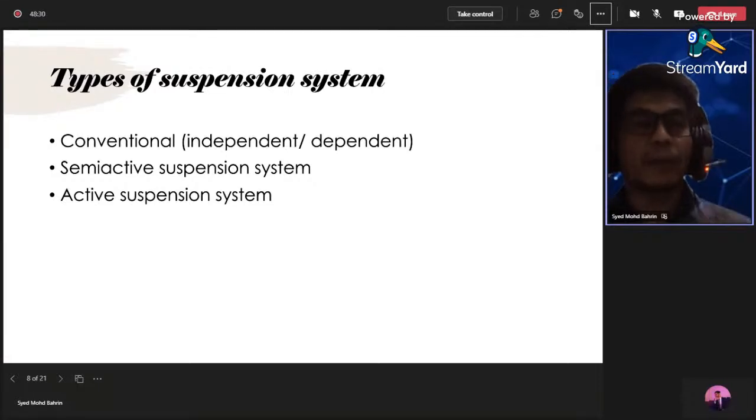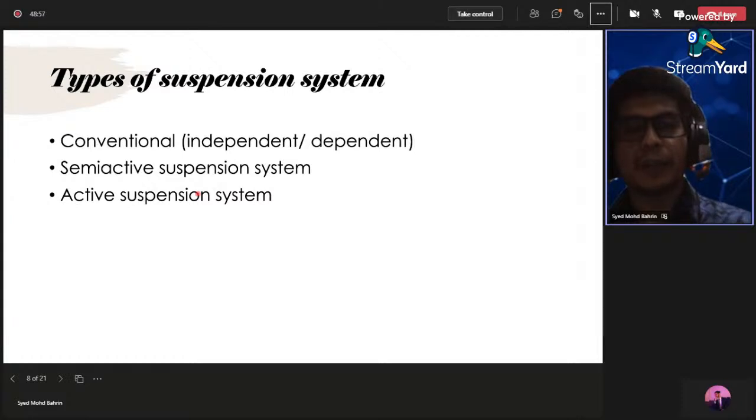It can be any type of actuator combined together with the conventional spring and damper. Since we require external power to run the actuator, we call that a semi-active suspension system.